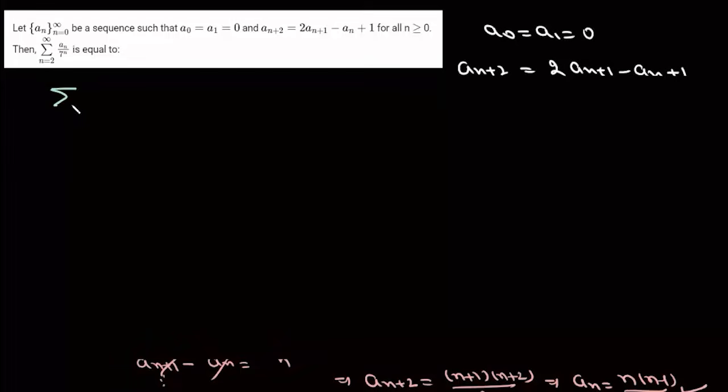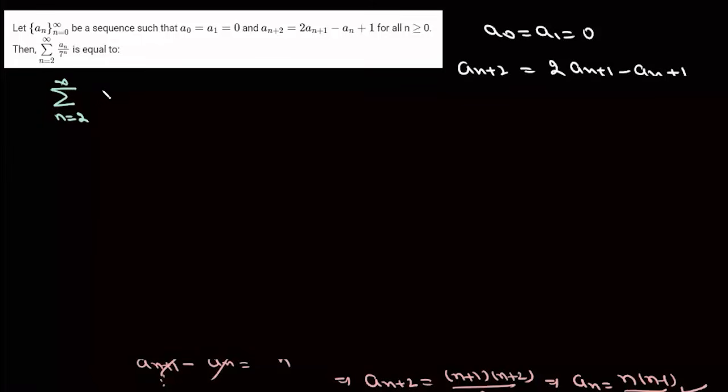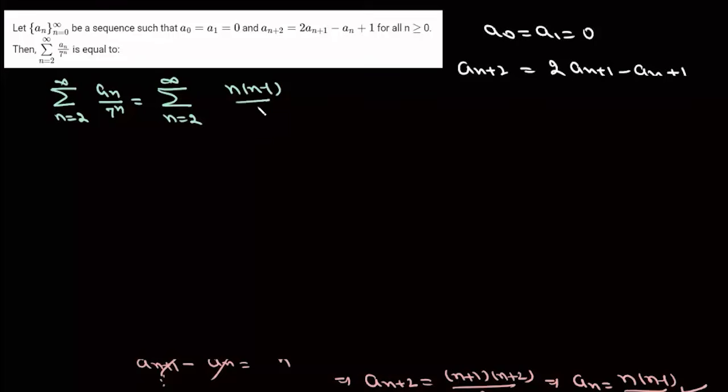Now we need to find the sum of this series, which is this summation, n varies from 2 to infinite, An by 7 to the power n, which is the summation, n varies from 2 to infinite, of n(n minus 1) by 2 into 1 by 7 to the power n. Now we know that 1 plus x plus x square up to infinite is 1 upon 1 minus x when x is less than 1.